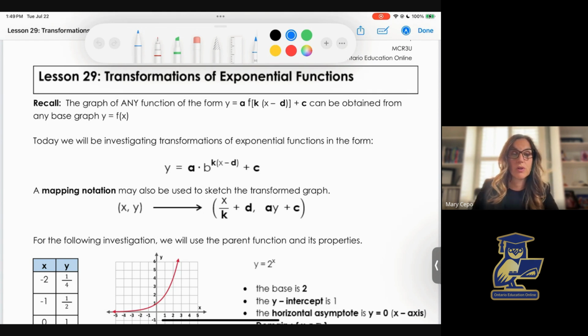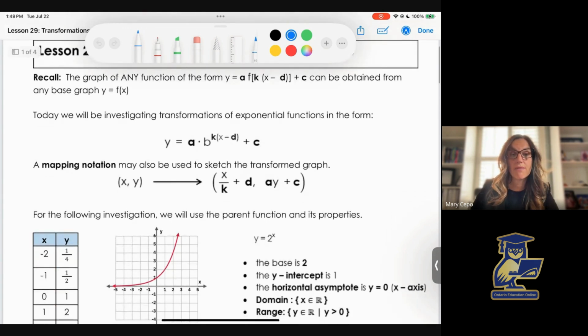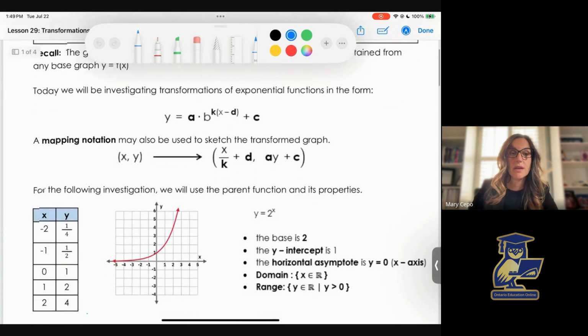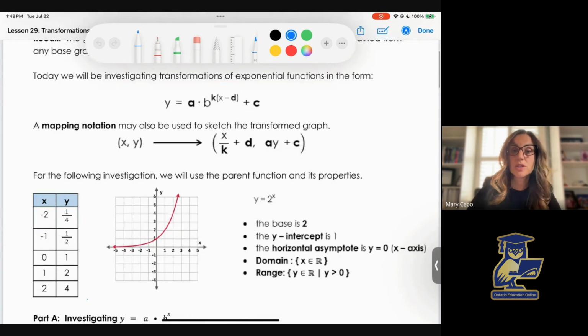So we want to recall the graph of any function of the form y equals a f of k(x minus d) plus c can be obtained from any base graph y equals f of x. Today we will be investigating transformations of exponential functions in the following form: y is equal to a, which is in front of the base, b to the power of k(x minus d) plus c.